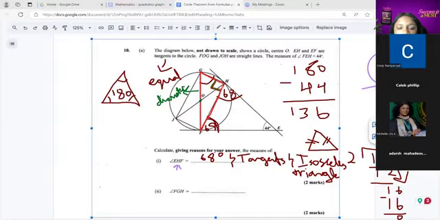So this whole angle here that's touching the circumference, because of the fact that this triangle was formed from the diameter, that is 90 degrees. Right? So this is 90 degrees.